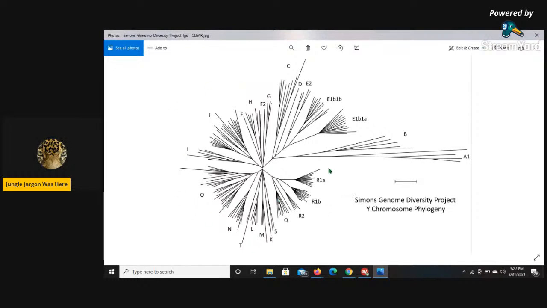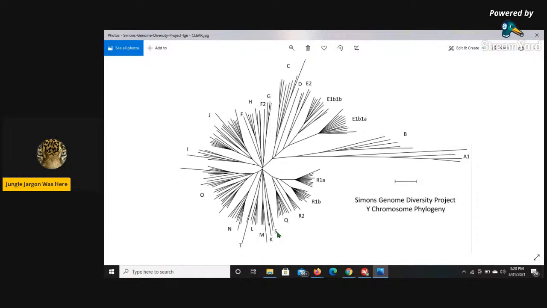Okay, so this is the R and the Q family tree. The O and the N family tree is the largest population in the world. Now the only ones left to identify are the T. The T and the L look like the same family. The M looks to be by itself. The K looks to be by itself. And the S. If not, they split off a long time ago.